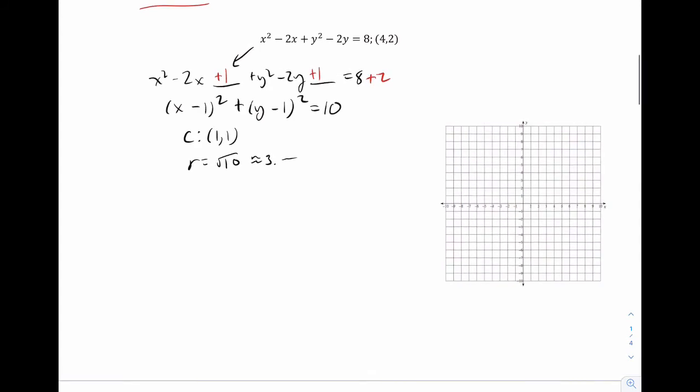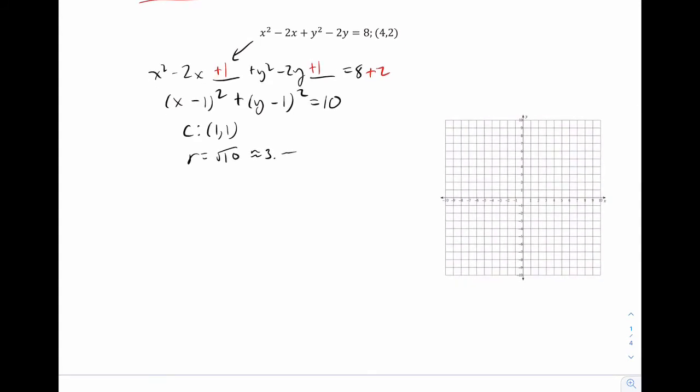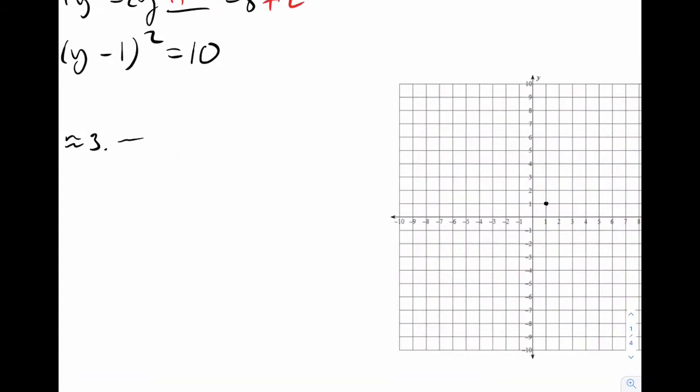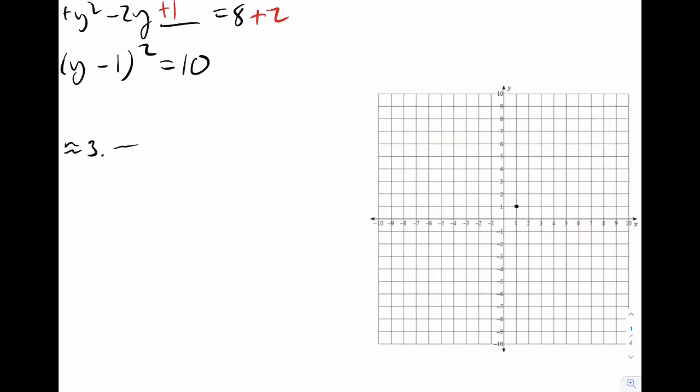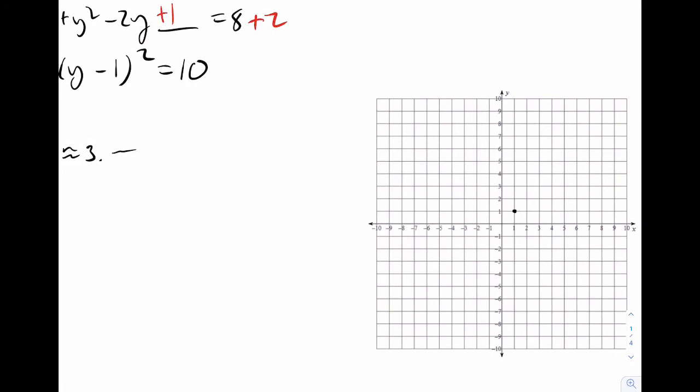Let's start by actually making the circle pretty accurate. So the center is (1, 1). And if the radius is 3 point something, let's just go out 3 and a little bit in each direction. So that's going to be right about here, here, here, and there.